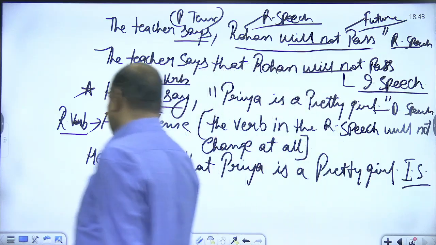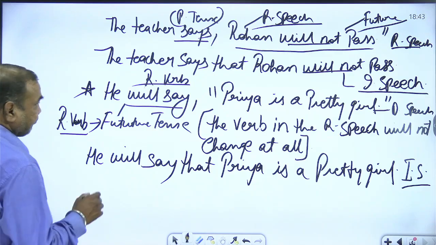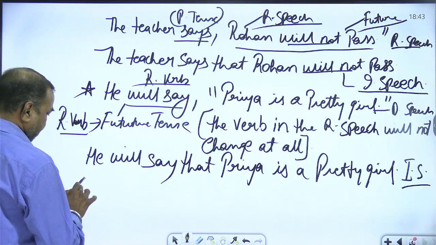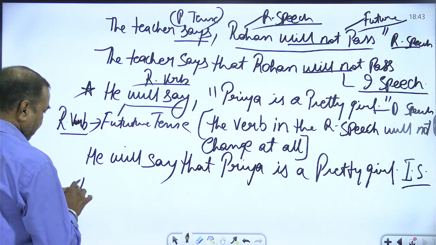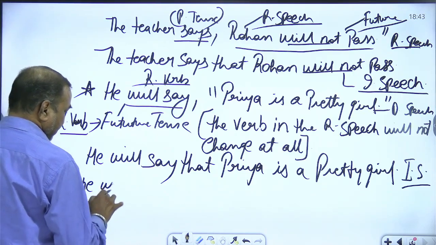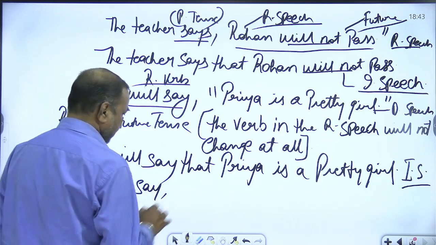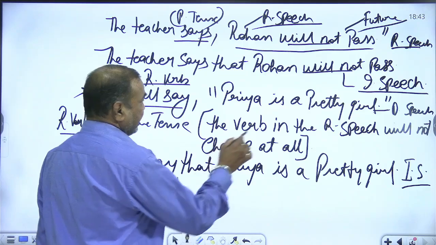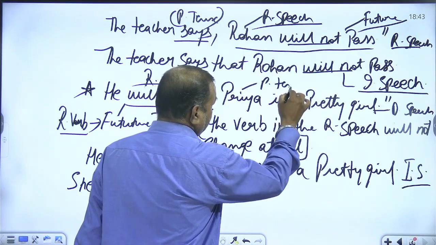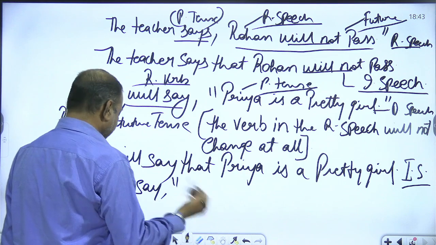Now look at another case. She will say, this sentence was in your present tense. Now I am taking another example with simple past tense.